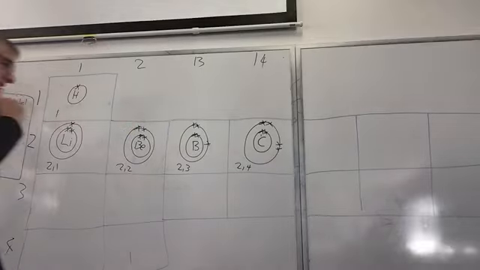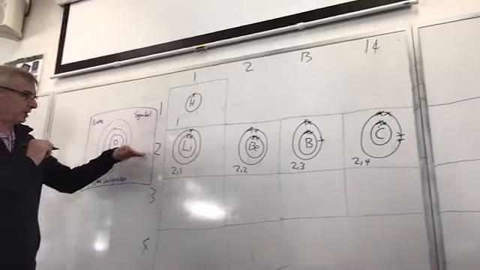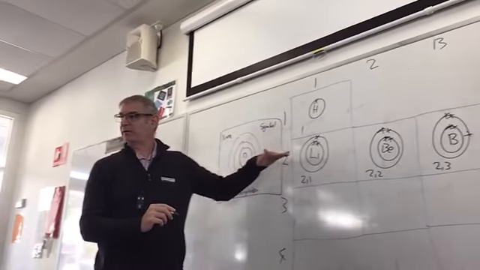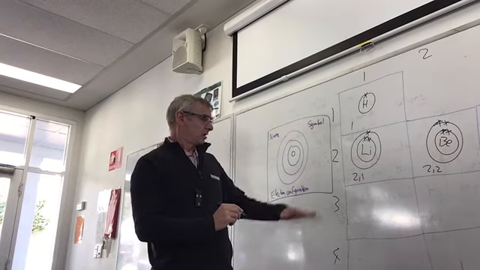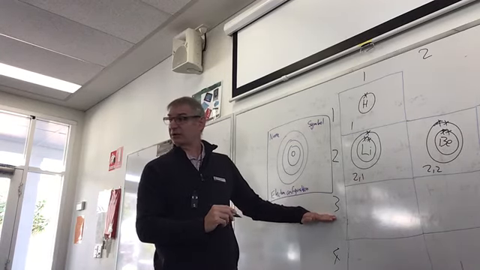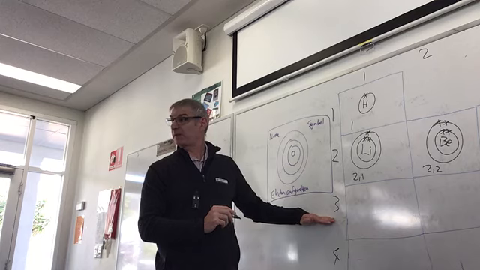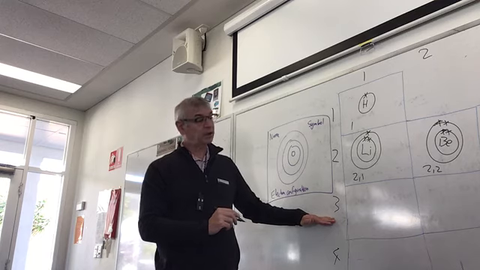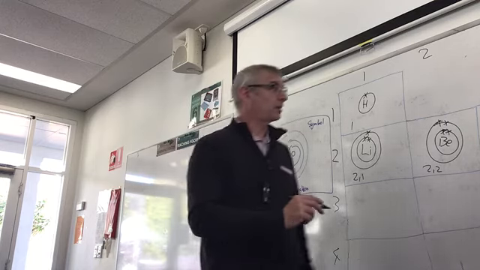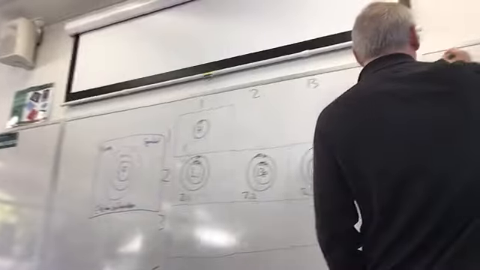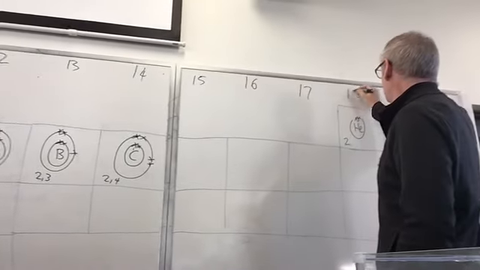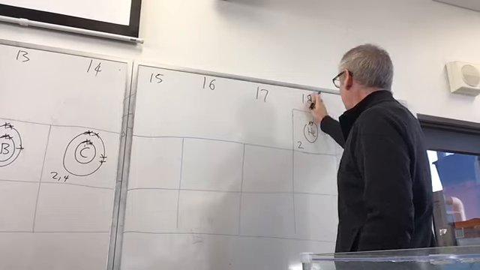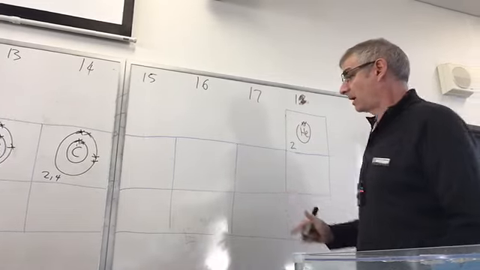The other thing that we can see is that we're in period 2 and we have 2 electron shells. So how many electron shells would these ones have? Period 3 would have 3 electron shells. So if we follow our pattern, then we should be able to randomly select an element.